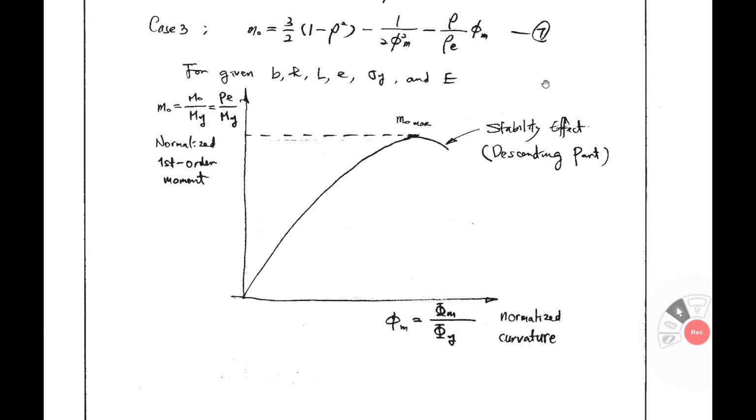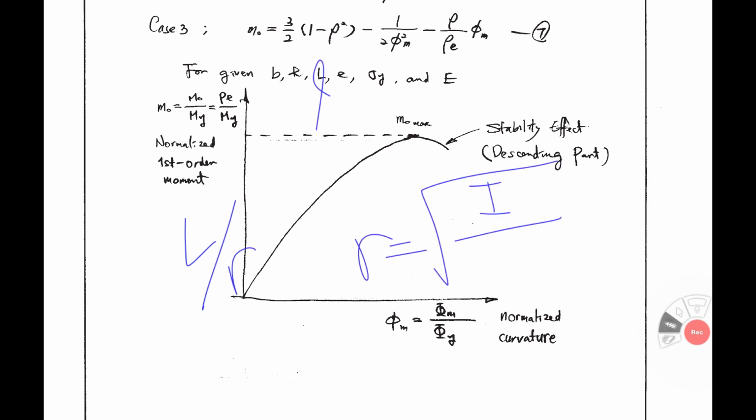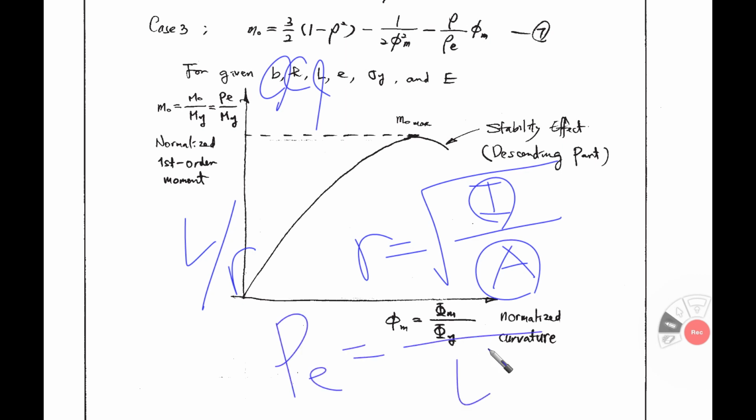When you calculate P_E, there is I. So if you write again L over r, r equals square root of I over A. You have A here. Right? P_E equals pi squared EI over L squared. Okay, it includes I already.